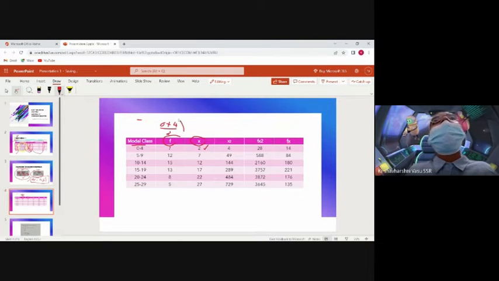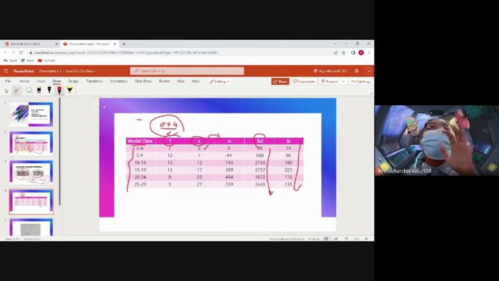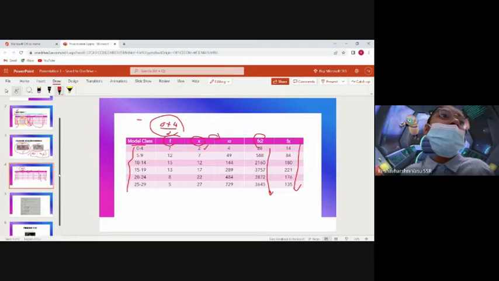So you have to apply this method, plus and divide by 2, to all the modal classes, and you will get your X. And you have to square each of the X, and find the total, and you have to times this X square with F. And you get your answer from top to bottom, and also F and X. So now it will be easier for you to look clearly at the information that you have, and this will also reduce your careless mistakes.